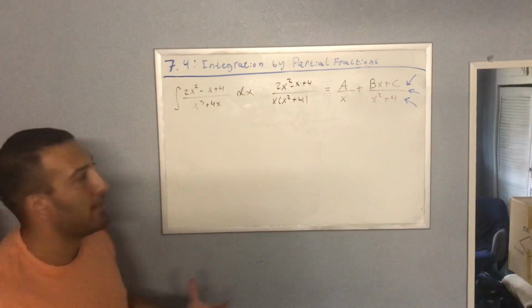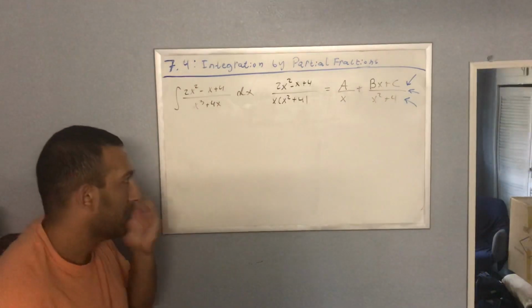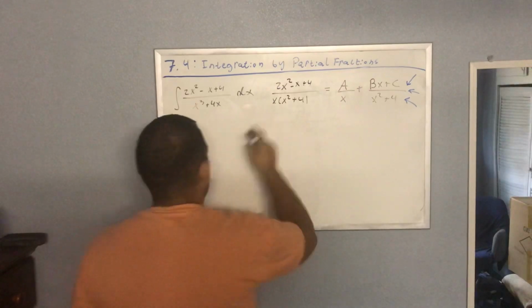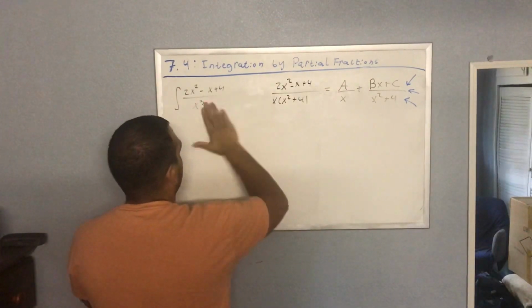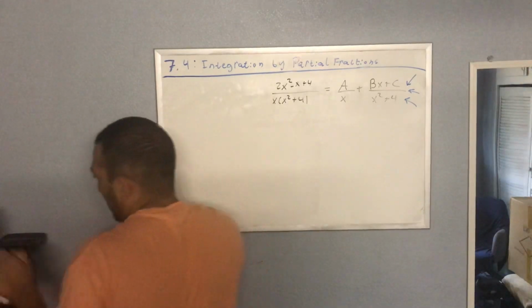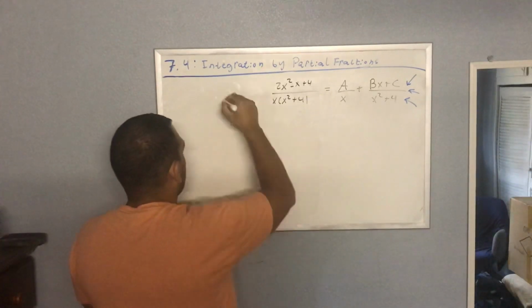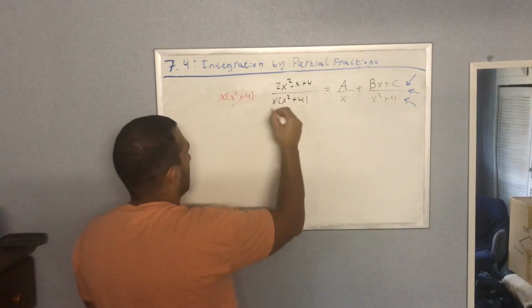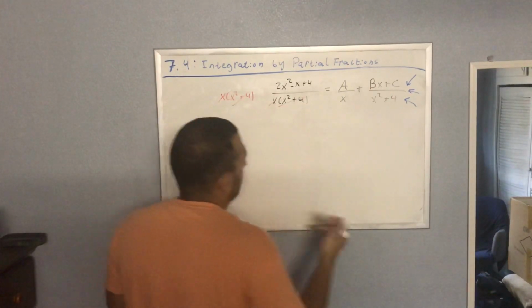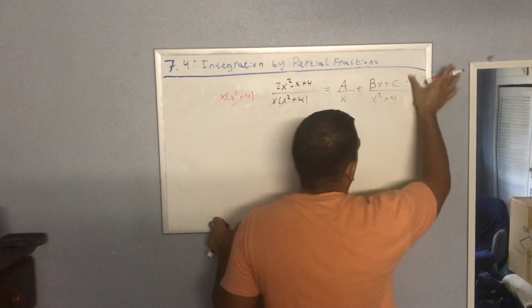But now the process is still the same. So we multiply both sides by x times x squared plus 4, which is fine. It cancels out over here. And now you multiply this side by the same thing.